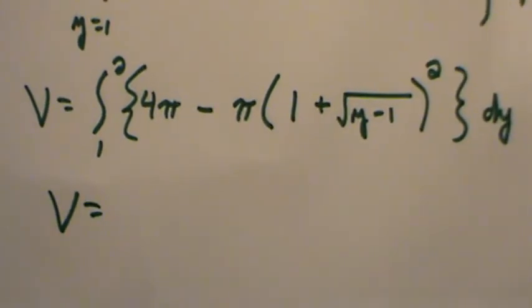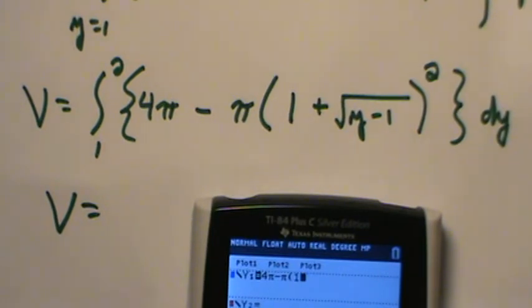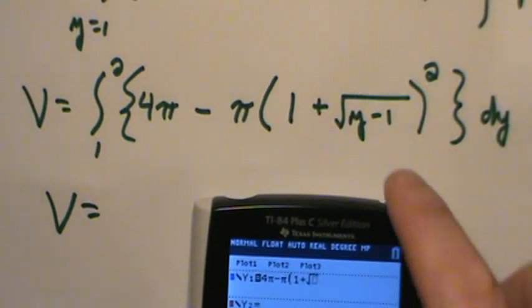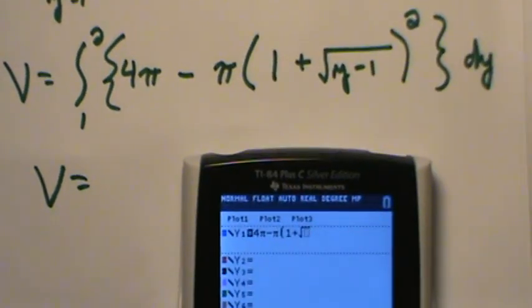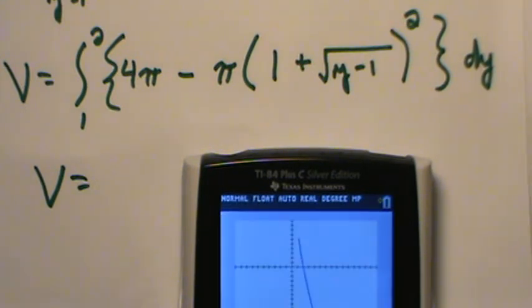Now I can put that in my calculator, and I should be able to come up with a pretty nice answer. So go to my calculator. Let me clear everything out of here. And I'll simply say 4 pi minus pi times parentheses 1 plus the square root of, remember these have to go in as x's, x minus 1, square it, and then I can do my second calc option, integration option, and I'm interested in what's happening from 1 to 2.